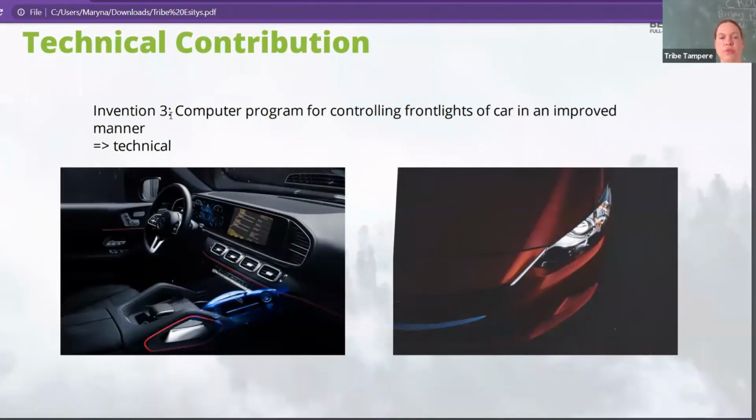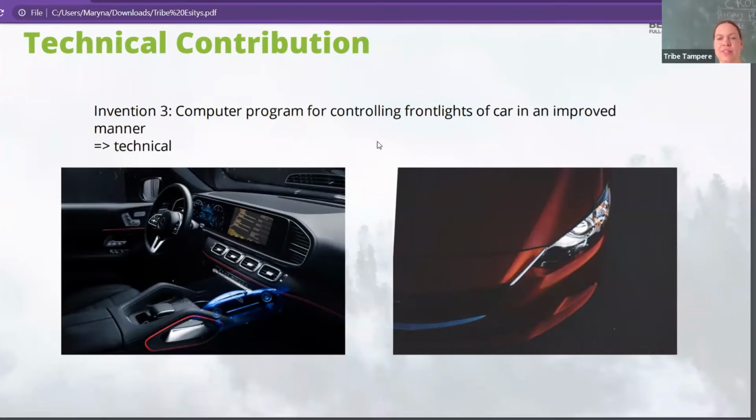Then example 3 is a computer program for controlling front lights of a car in an improved manner. And this is considered technical because it is for controlling the device, the front lights.